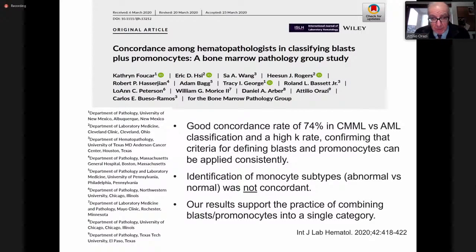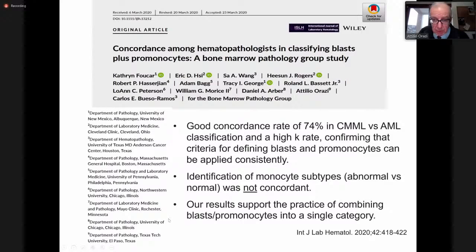So the conclusion of the study is that a somewhat experienced pathologist can tell CMML from AML looking at blasts and promonocytes. Where we were not concordant was the abnormal monocyte.